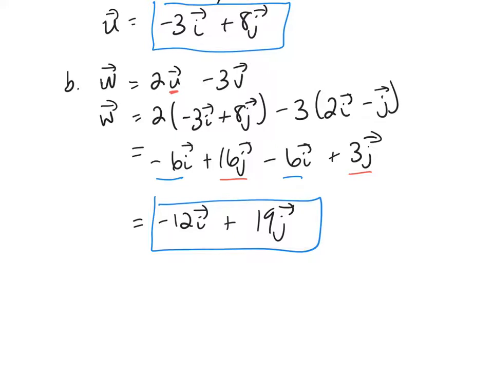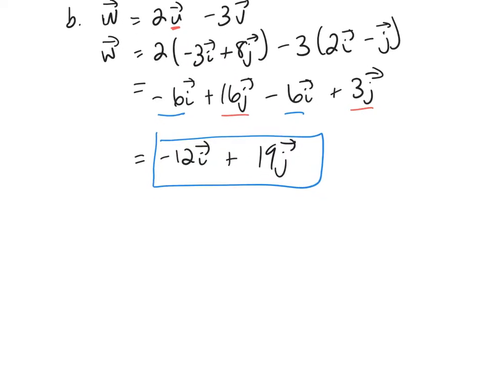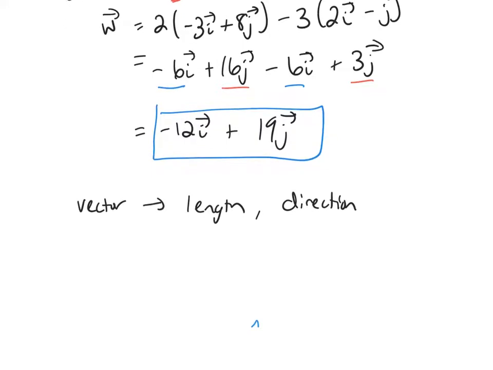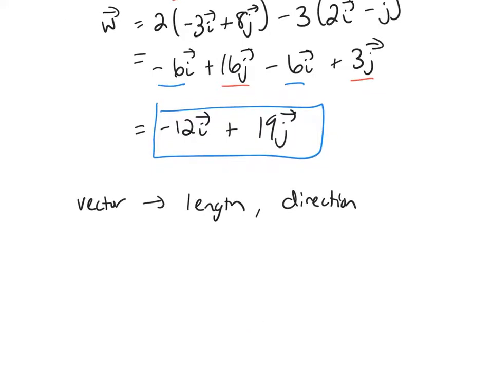So we're going to look at another way we can write vectors in these standard forms. Remember that a vector has two parts to it, right? It's got a length and it's got a direction. And another way you can think about direction is as angle.